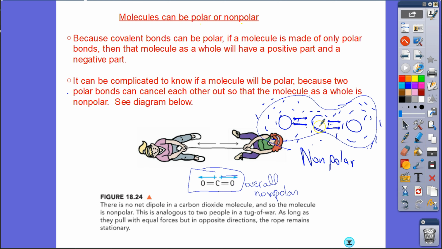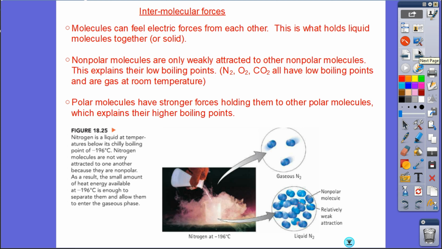The fact that some molecules are polar is one way that those molecules stick to other molecules. We're about to see the different ways that molecules attract each other.